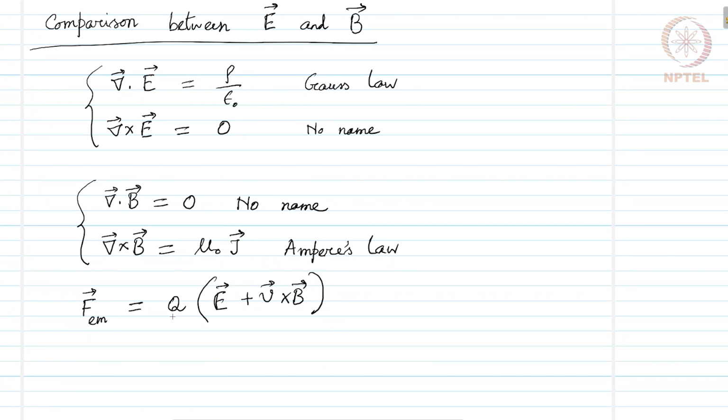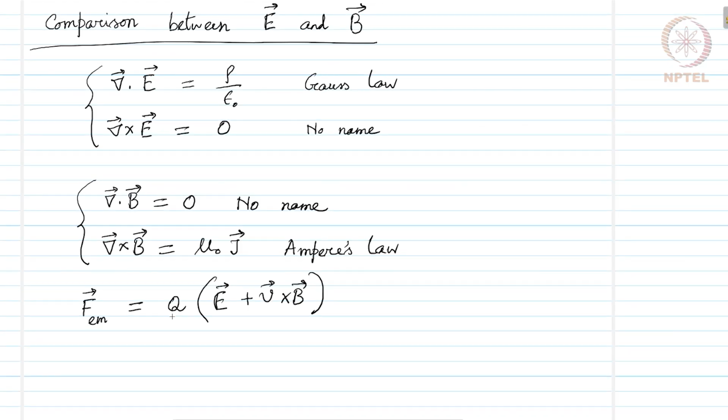Here the amount of charge is Q, electric field applies on it, and the force is along the direction of electric field. Magnetic field applies a force only when the charge is moving with velocity v, and then the direction of the force is perpendicular to the velocity of the charge as well as perpendicular to the magnetic field itself. That is very interesting.